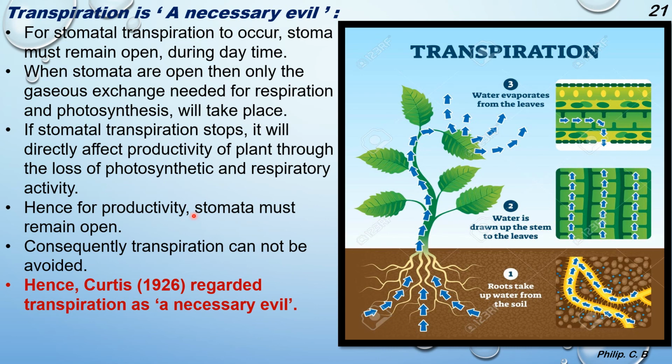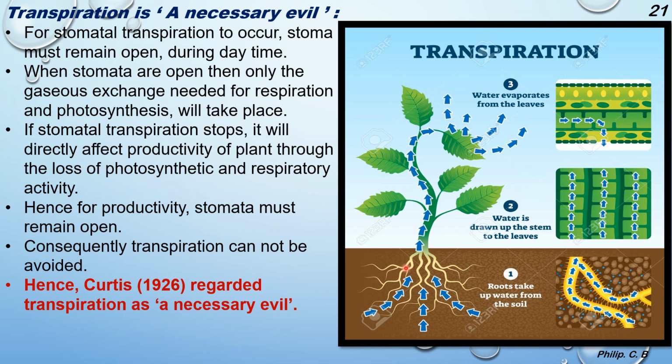Hence for productivity, stomata must remain open. To carry out processes like photosynthesis and respiration, it is necessary that stoma be open. Consequently, transpiration cannot be avoided. Transpiration will definitely occur as stoma is open. That is why Curtis in 1926 regarded transpiration as a necessary evil.